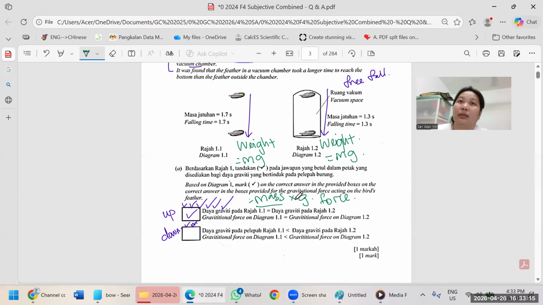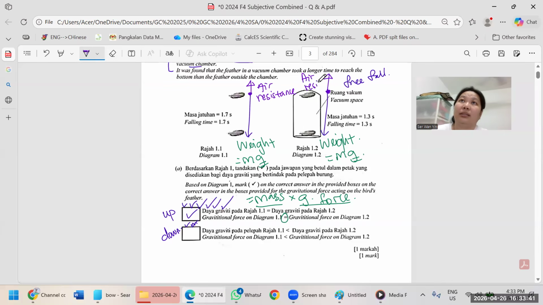Okay, mass times gravitational force. So actually both of them experience the same gravitational force. But what makes the difference? The difference is because of air resistance.